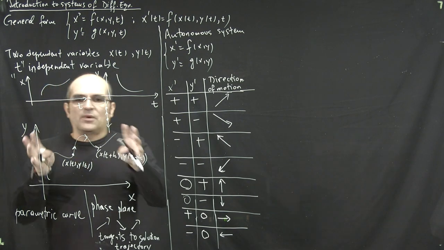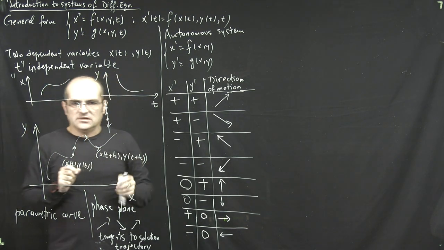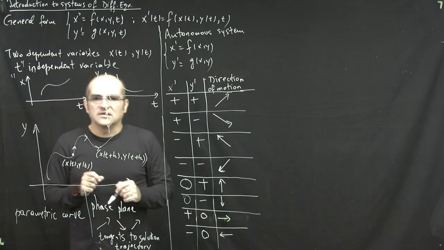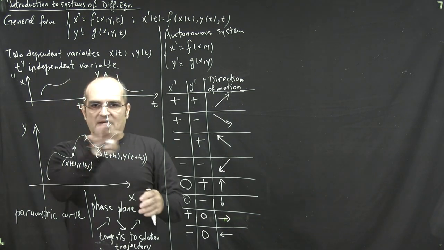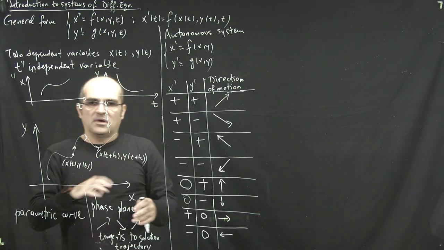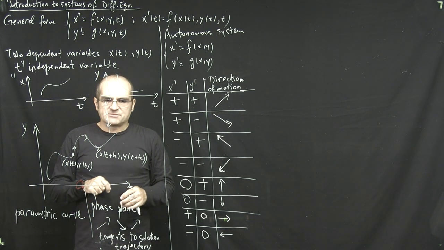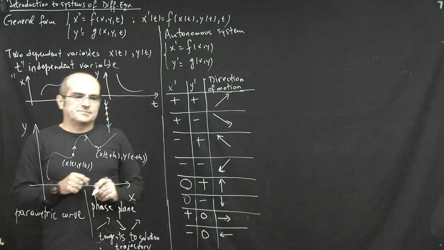But there is a better way of getting some idea on the direction of solutions with a paper and pencil, a little bit more efficiently than just picking random grid points here and computing the value of x prime and y prime, because that means lots of points if you want to do that randomly.